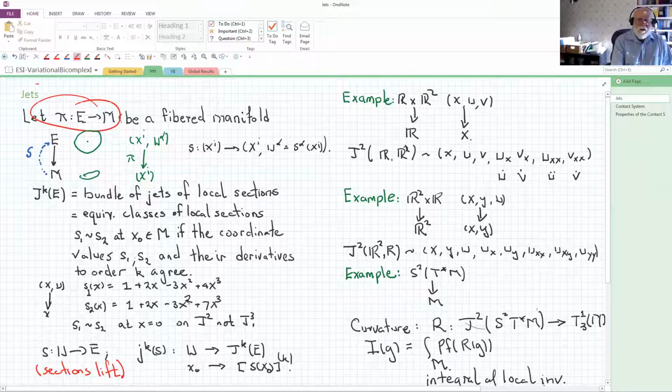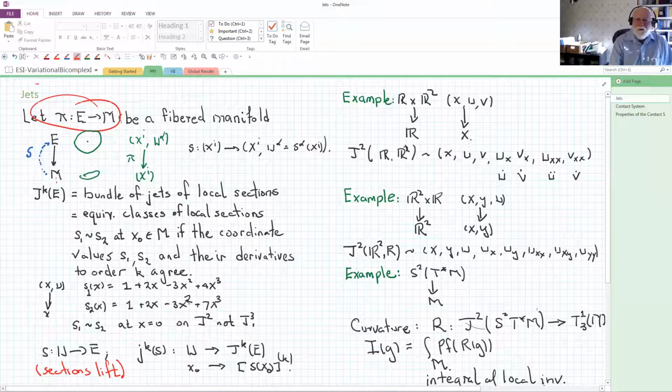A section, as always, is a mapping from the base space up into the total space, which projects back down. If I use coordinates x^i on the base, I'll have coordinates x^i and u^α for the total space. And then sections are just maps x^i = x^i and u^α equals some functions of the x's.